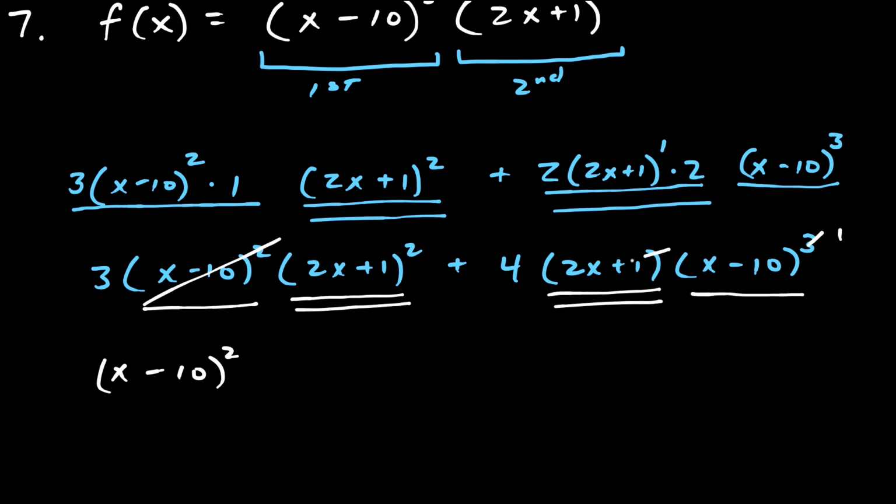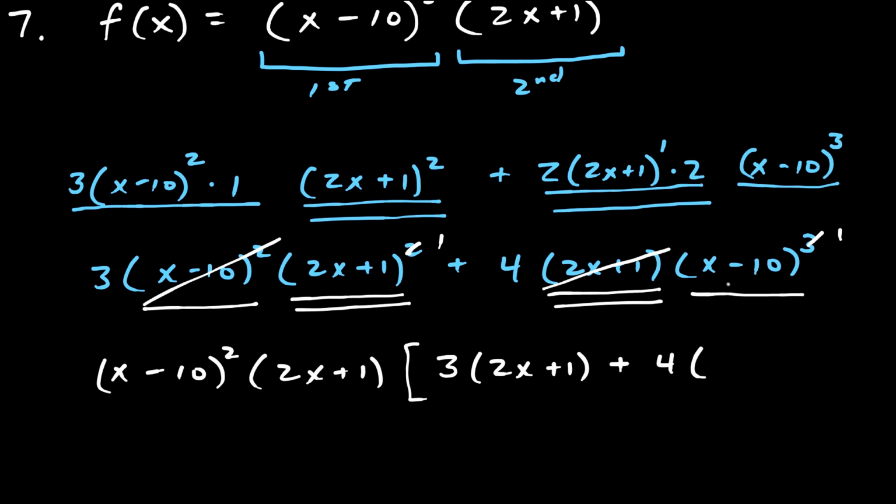So we can factor out a single 2x plus 1, reducing that by 1, and we're left with 2x plus 1 factored out. That leaves us with our inner value of 3, and we're left with 2x plus 1 plus 4, and here we were left with x minus 10.